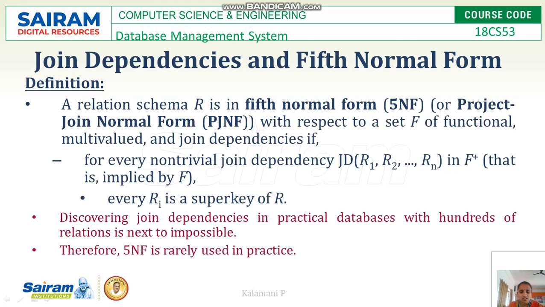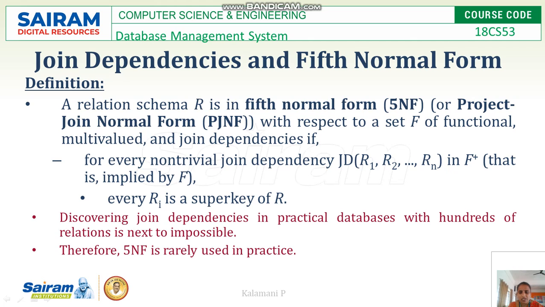Now for the fifth normal form, we take functional dependency, multi-value dependency and joint dependency into account. For every non-trivial joint dependency JD of R1, R2, ..., Rn in F plus, where F plus is the closure of F, every Ri must be a super key of R. That is, R1 is a super key of R, R2 is a super key, and so on. This is fifth normal form.